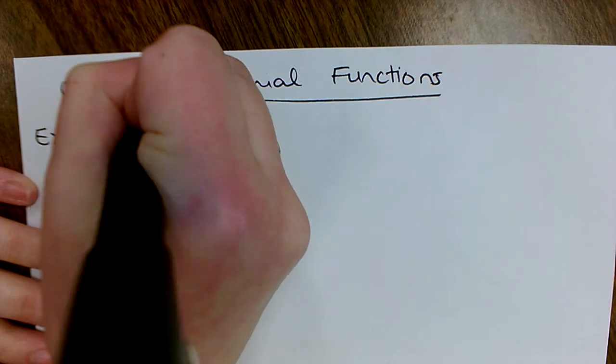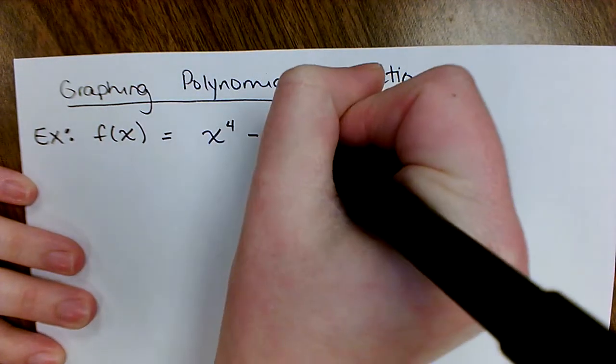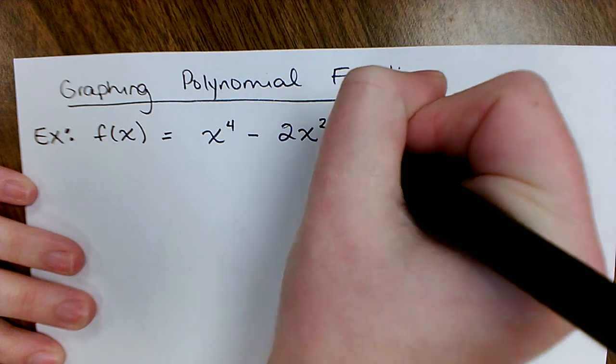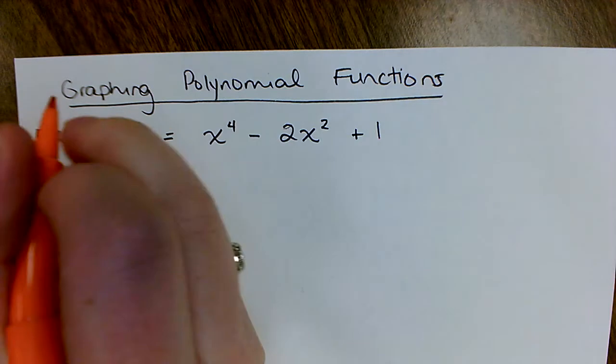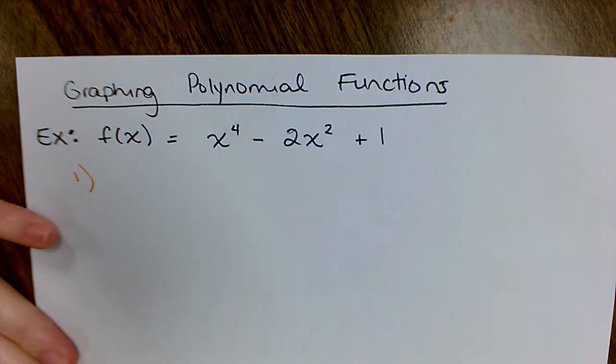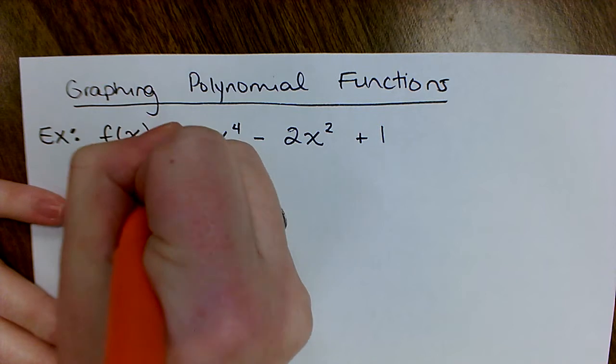So f of x equals x to the 4th minus 2x squared plus 1. So what was step 1 on your green sheet if you need to look? Step 1 was use the leading coefficient test to determine end behavior.